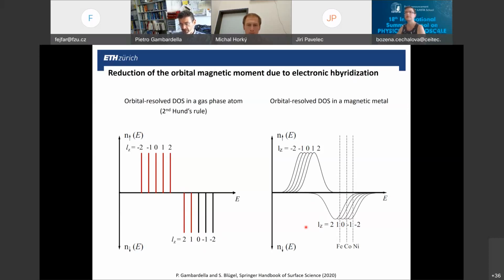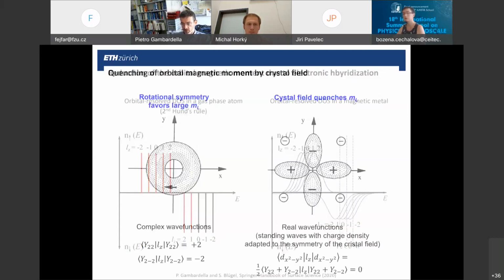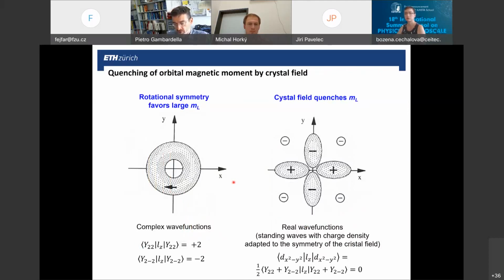And on top of that, we have a so-called crystal field quenching of the orbital moment, which also occurs in magnetic insulators, and it's a very important and strong effect, which tells us that depending on the symmetry of the crystal field, the atomic wave functions that have a net orbital moment will actually combine so as to form these real wave functions.